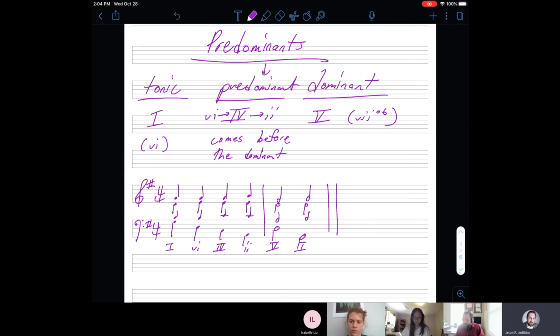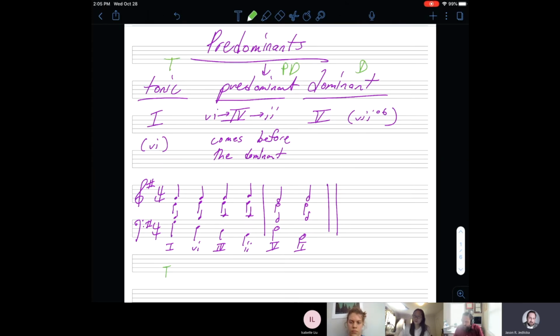So to establish G major, we have our tonic here. T is for tonic, PD is predominant, and then D is for dominant.